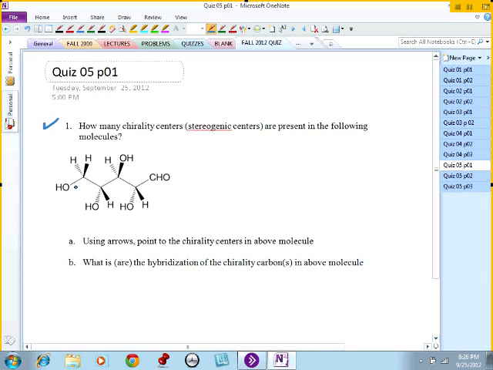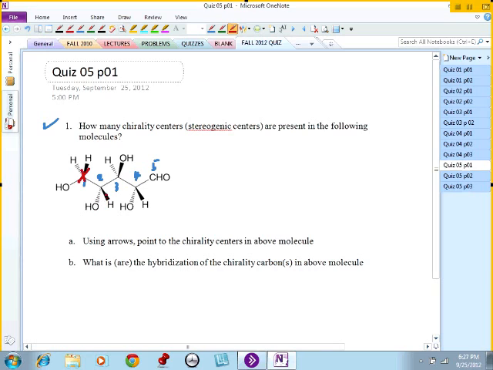Let us label this. Let's say this is carbon 1. Let us say this is 1, 2, 3, 4, 5. Okay, which are the chirality centers here? Is 1 a chirality center? No, why? Exactly. So 1 is not a chirality center.